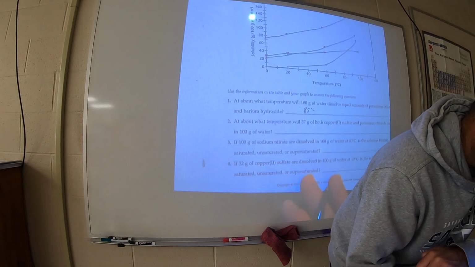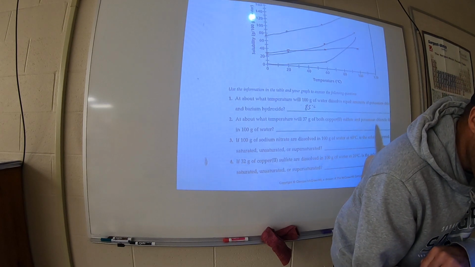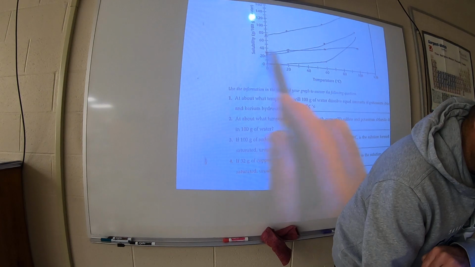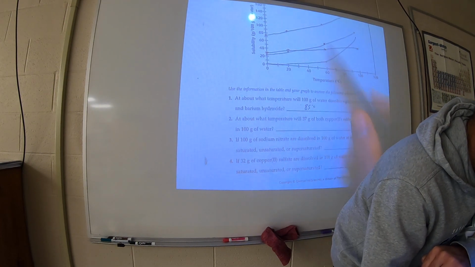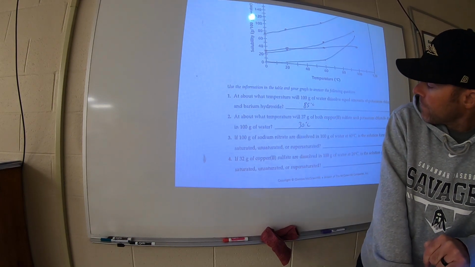And then number 2, at about what temperature will 37 grams of copper sulfate and potassium chloride dissolve? That's about right here, where their lines cross, and that's about 30 degrees Celsius.